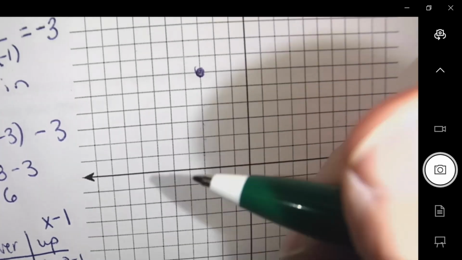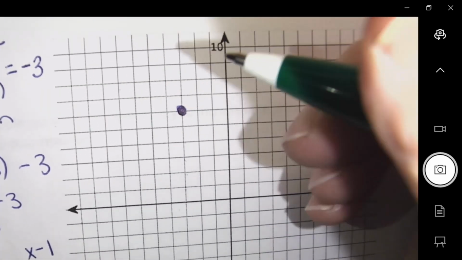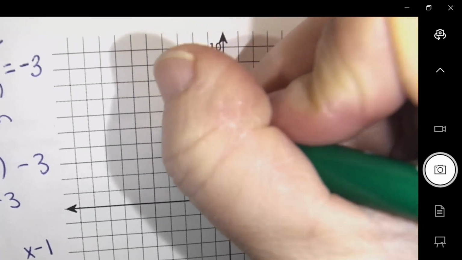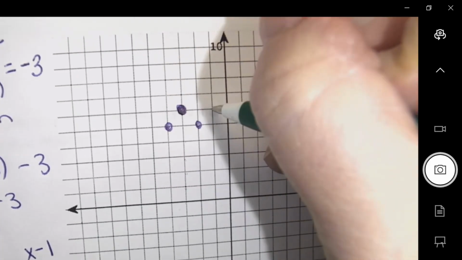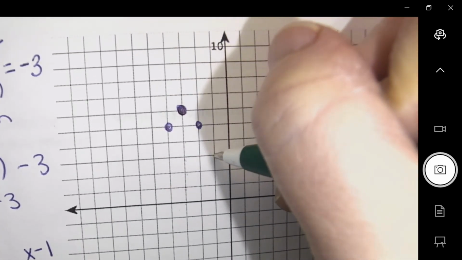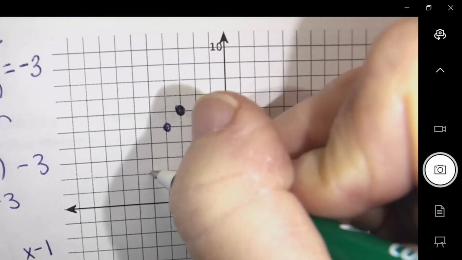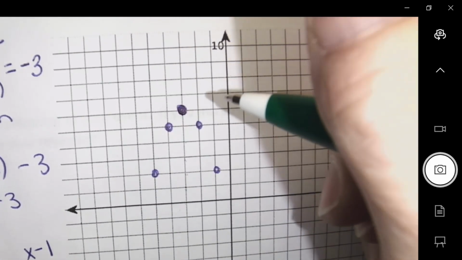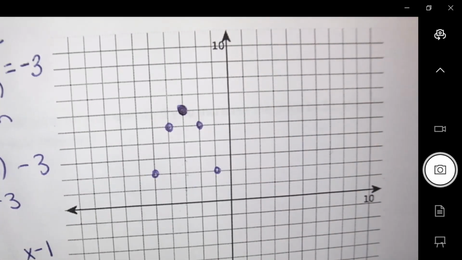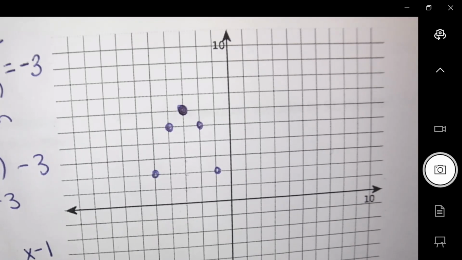Okay, so there's my vertex. And I'm going to do 1, 1 down, 2, 4 down, and that's good enough. I'm actually also going to throw my y-intercept on there to see if it makes sense. Because remember, always check, did your graph y-intercept match with your math y-intercept?